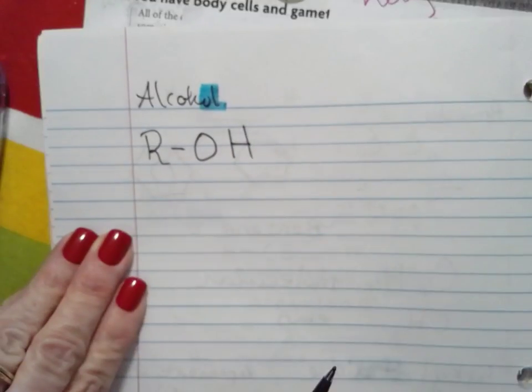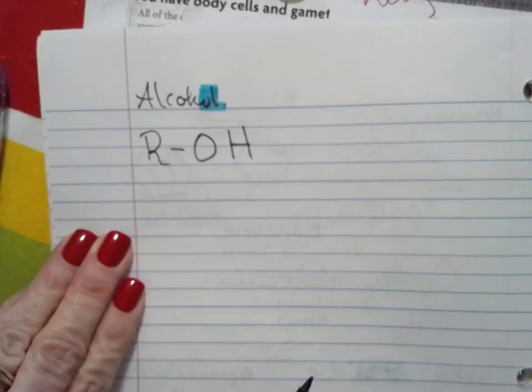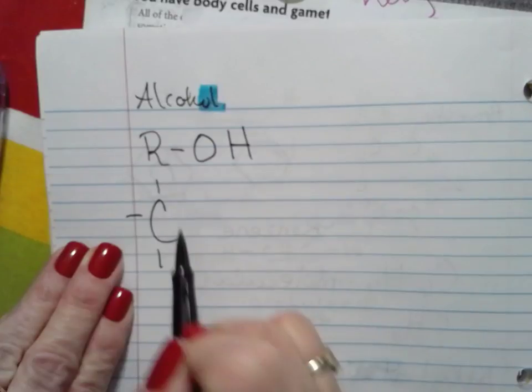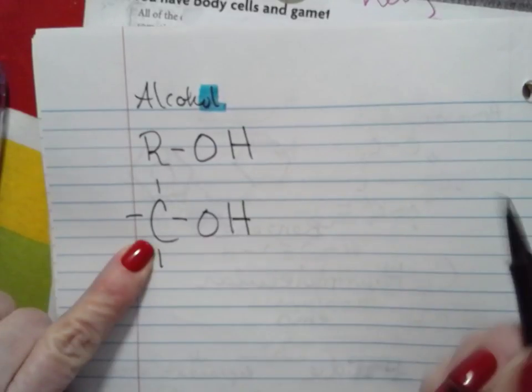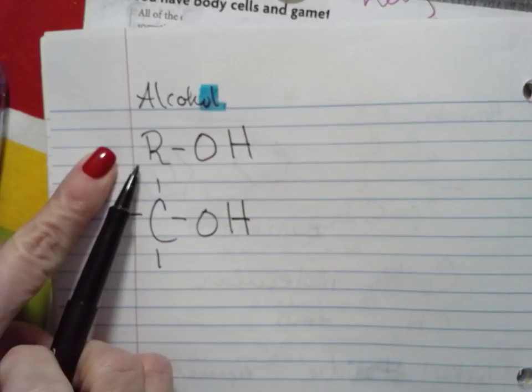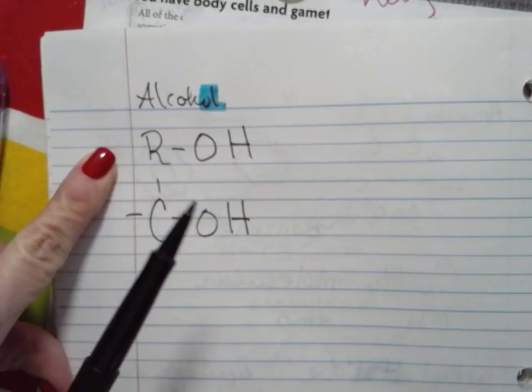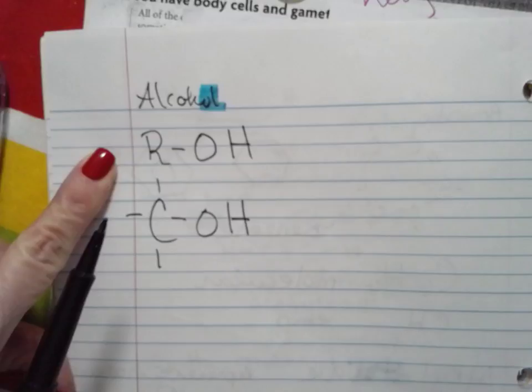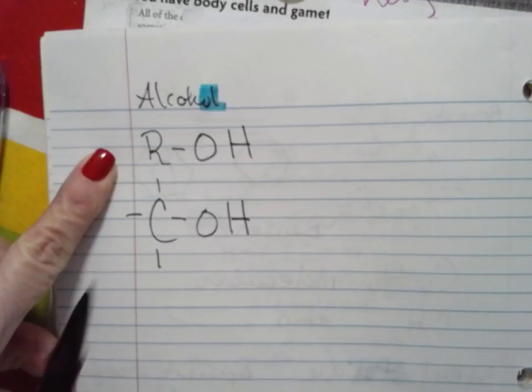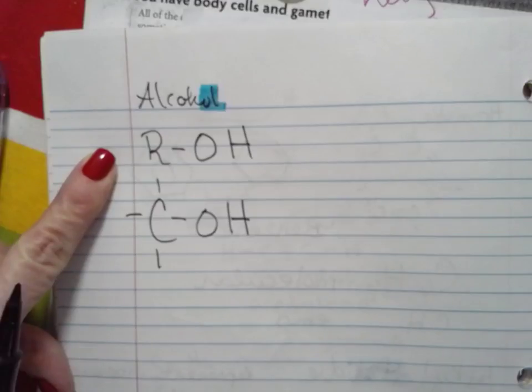That is an alcohol functional group. Your book goes ahead and shows that carbon connected to the OH. Here, I'm just putting the R in here. R means everything except the functional group, all the other stuff, because the functional group is what is important.